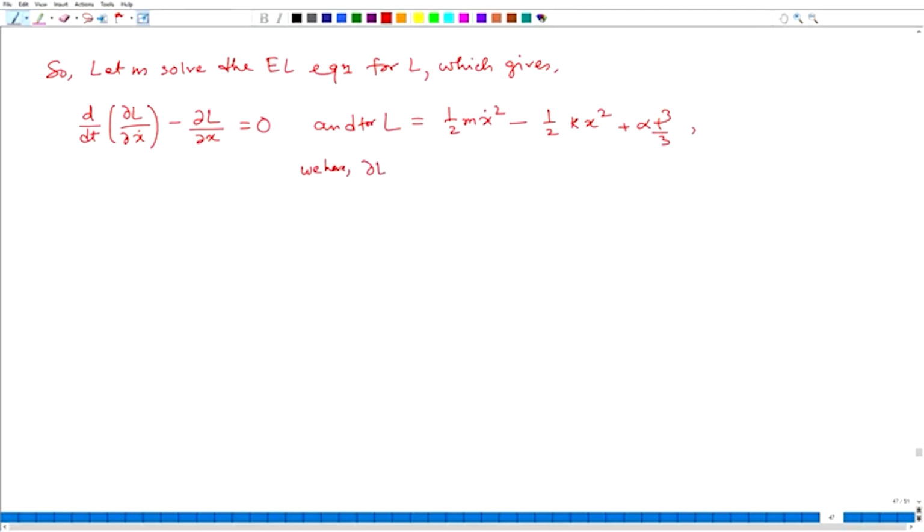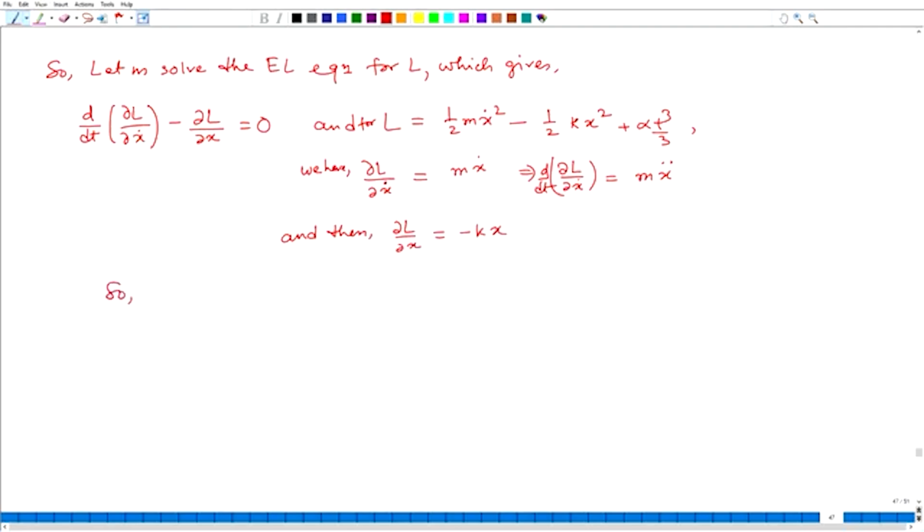∂L/∂ẋ will simply be equal to m ẋ, and so d/dt of ∂L/∂ẋ will always give you what? m ẍ. And then ∂L/∂x is again minus k x.